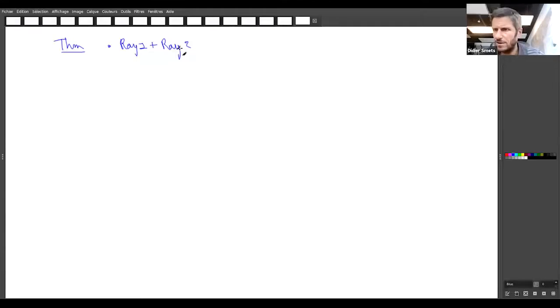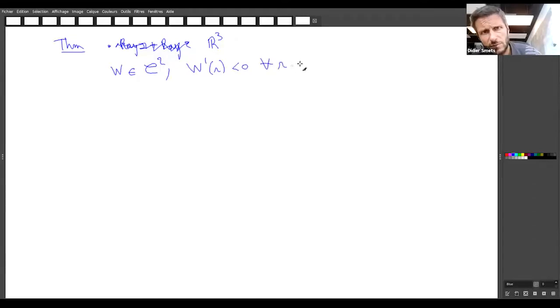I'm going to assume that capital W is a C2 function, which is decreasing. So that's the first Rayleigh criterion, and it's on the whole of R3. W prime of r is negative for r strictly positive, and we also need to assume that capital W prime of r has sufficient decay at infinity.